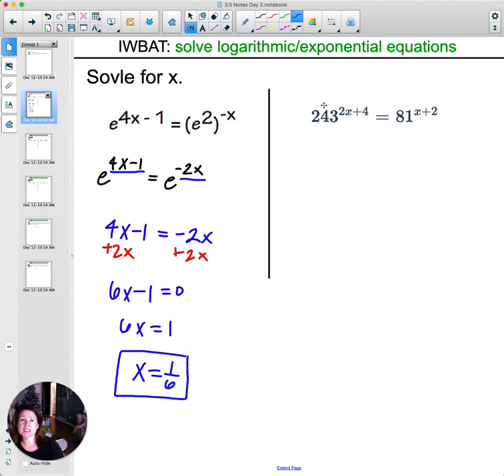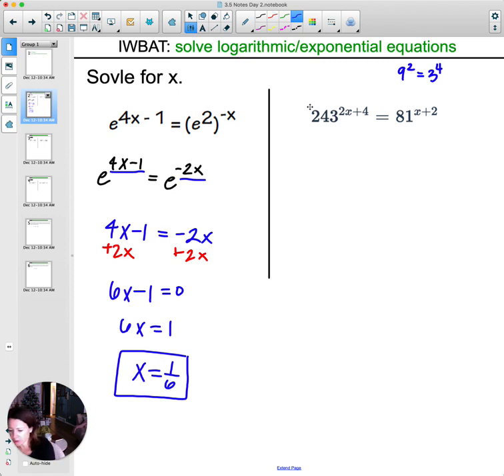Okay, so let's take a look here. 81 can be 9 squared. It can also be 3 to the 4th. So 3 to the 4th is 81. Let's see if 243 is a power of 3. 3 times 3 is 9, times 3 is 27, times 3 is 81, times 3 is 243.